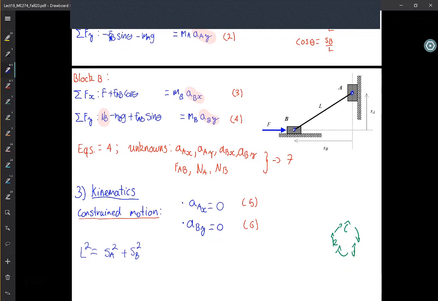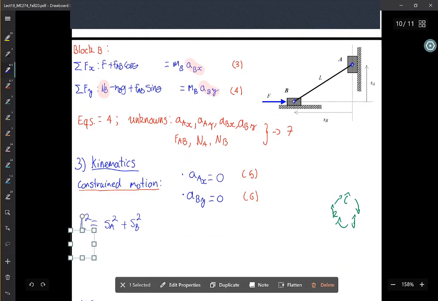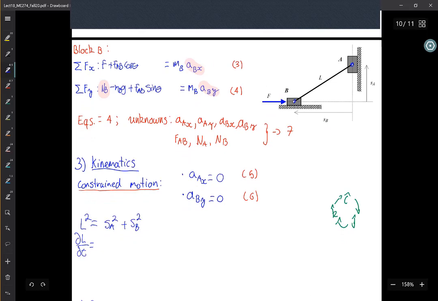And then we take derivatives. The derivative is 2 S_A times S_A dot plus 2 S_B times S_B dot. This is the 7th equation.